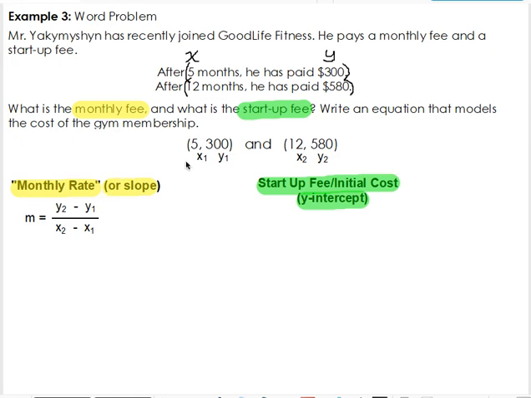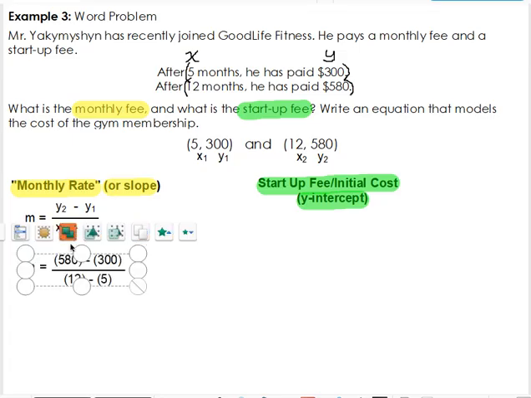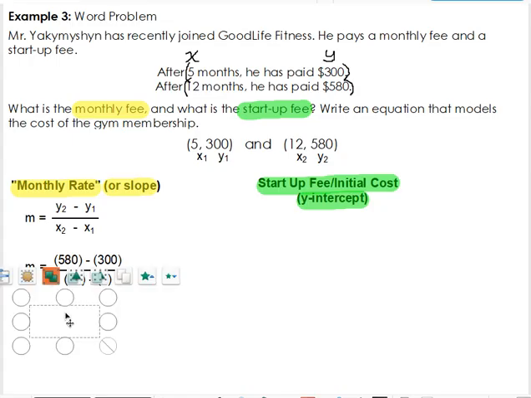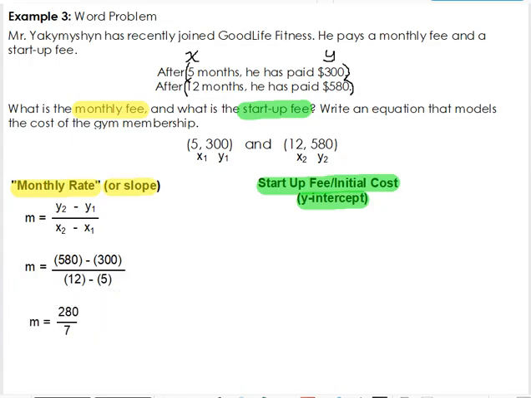Now we're going to replace these values in the formula. We have m equals 580 take away 300 divided by 12 minus 5. In your calculator, simplify the top and then simplify the bottom.